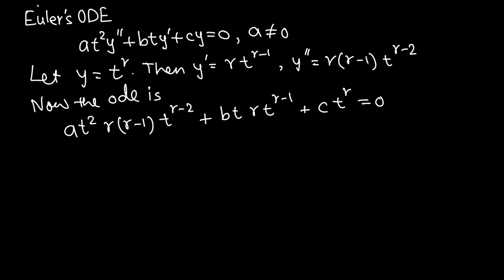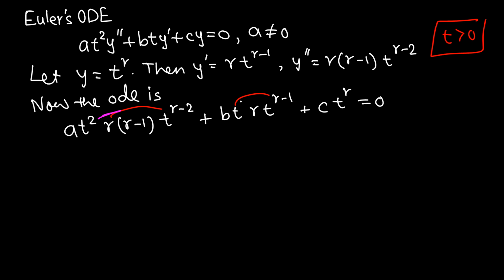Okay, so when we do this we need to assume t positive, and we can do the same thing when t is negative. So let me add here, when we assume this, t must be positive. Here we can combine these factors. t squared times t raised to r minus 2 is just t raised to r.